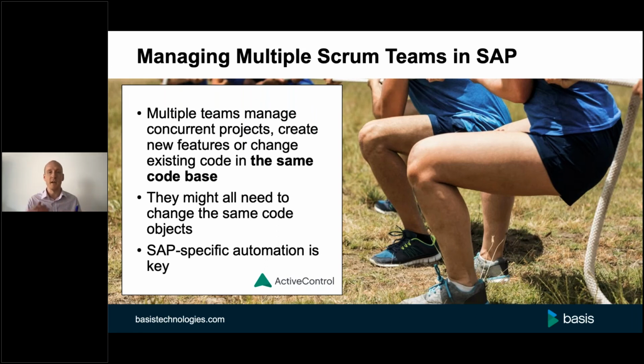That's hard enough in normal circumstances in a standard SAP release cadence. So automation isn't critical to everything in Agile development and SAP, but certainly in this area of managing and coordinating your teams is extremely important.